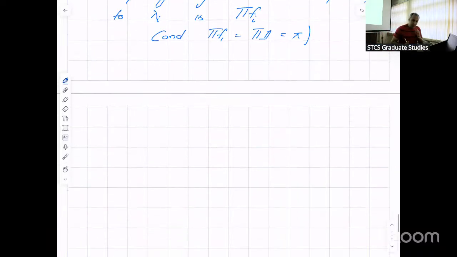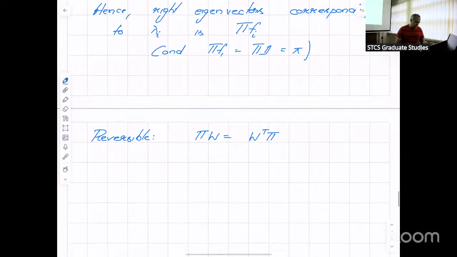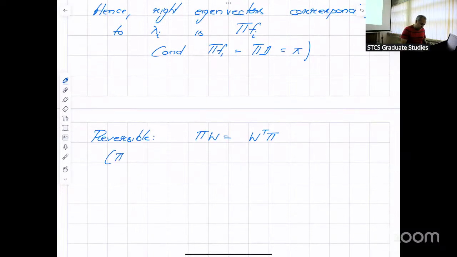I'm going very slow. I want to say, so far we talked about reversible. Once again, let's look at the reversible condition. The reversible condition was pi W equals W transpose pi. Let's look at the matrix pi W. What's the transpose of this matrix?